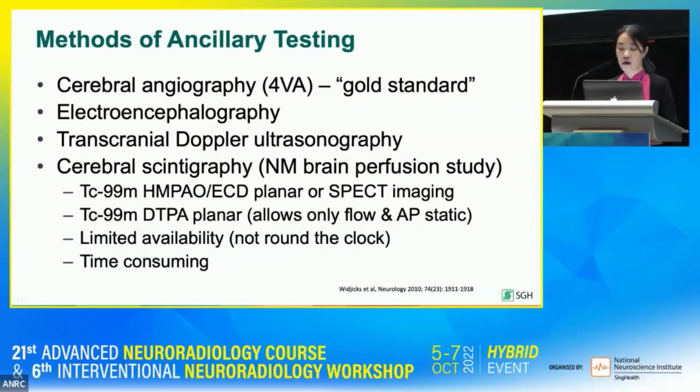So there are several methods of ancillary testing for brain death, including cerebral angiography, or 4VA, which is the gold standard. People also do EEG as well as transcranial Doppler ultrasound.